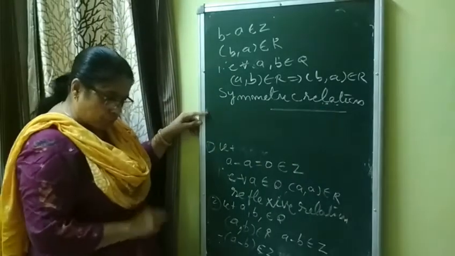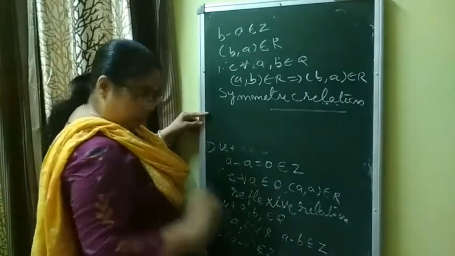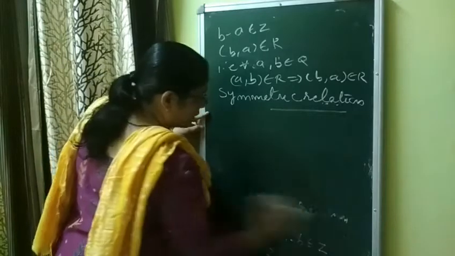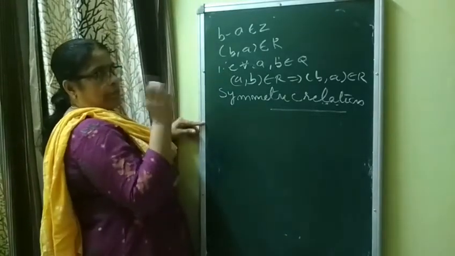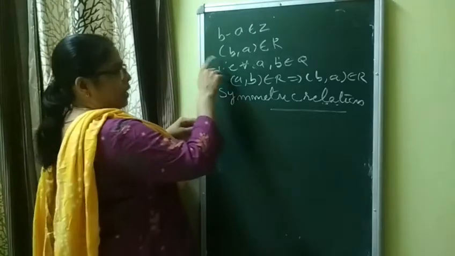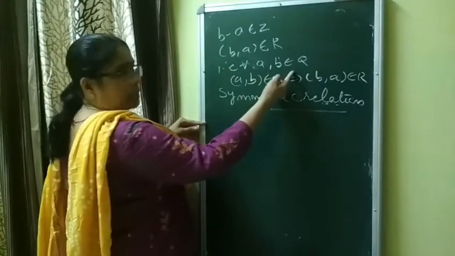Now what is the third part? Third part, you have to prove that ab belongs to R, bc belongs to R implies ac belongs to R. First one is a belongs to Q means a belongs to R, that is reflexive. ab belongs to R implies ba belongs to R, that is symmetric.